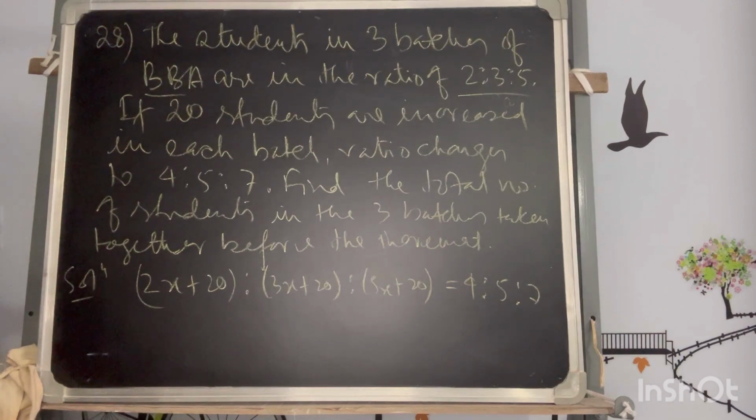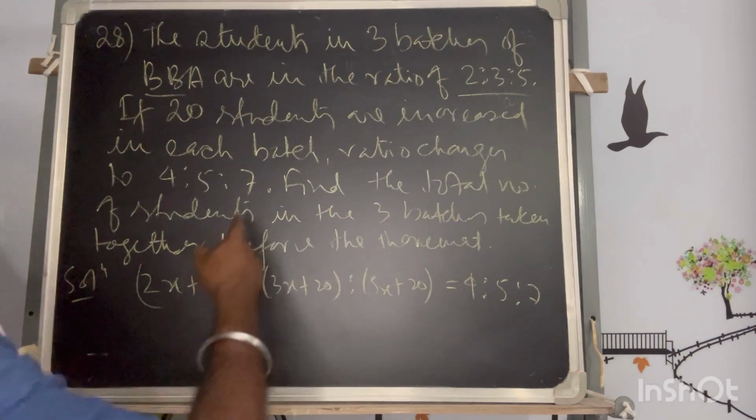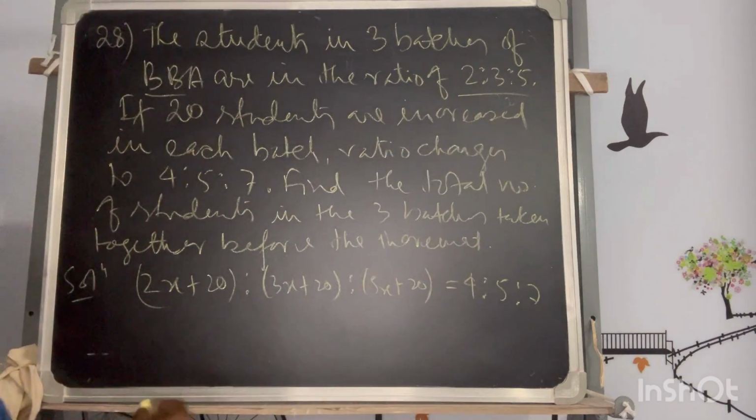So we have to find the total students before the increment. Once you get x, you will get the students. How will you get that?